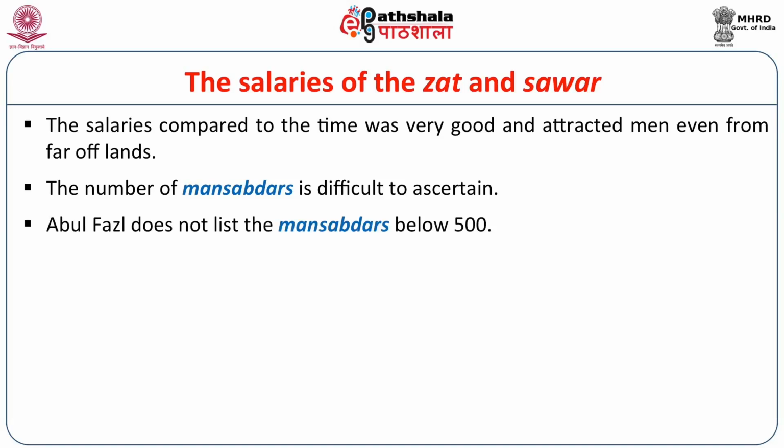Now, the Abul Fazl does not list the Mansabdars below 500, and we have to understand that Mansabdars below 500 were much in number, because in the peripheral region of the empire there were many Mansabdars who were below 500.